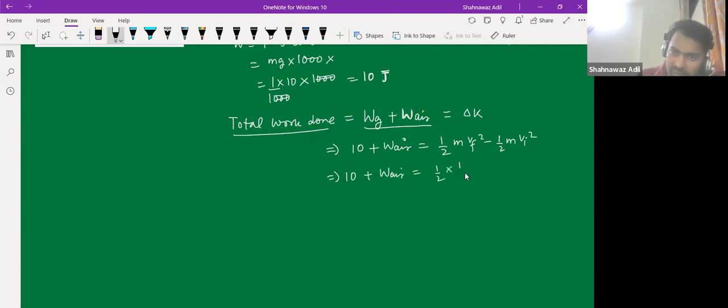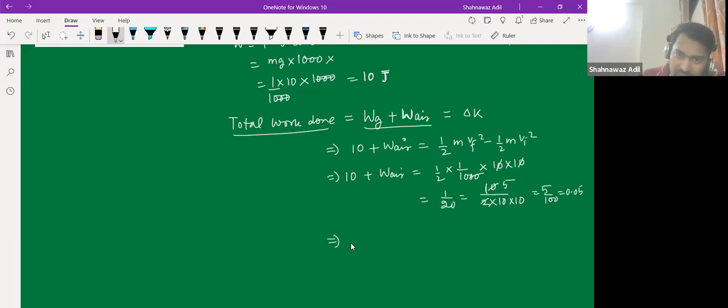Mass is 1 gram, which is 1/1000, and V final is 10 meter per second, so this is 10 into 10. Two tens are gone, so this is 1/20, which is 0.05.